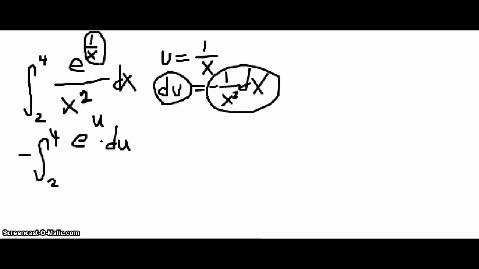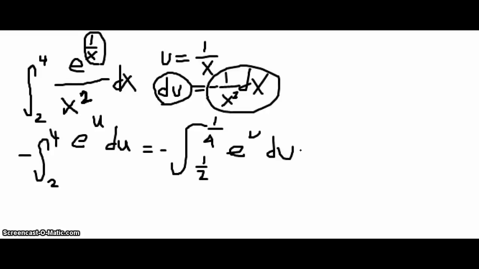Now, really quick before we solve this, we notice that these two bounds, 2 and 4, were for x. So we need to change them. So we can put the bounds into this equation over here to get the new bounds. So with the new bounds, we get negative definite integral from 1/2 to 1/4 of e to the u du.